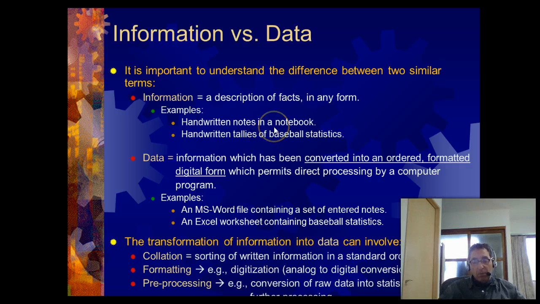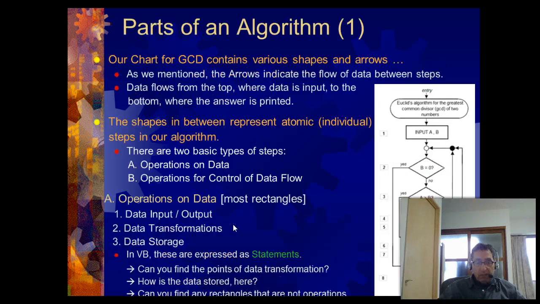So if it's handwritten on a notebook, you can't really process it directly using a computer, usually not. So examples are Microsoft Word files containing a set of entered notes, and an Excel spreadsheet containing baseball statistics.